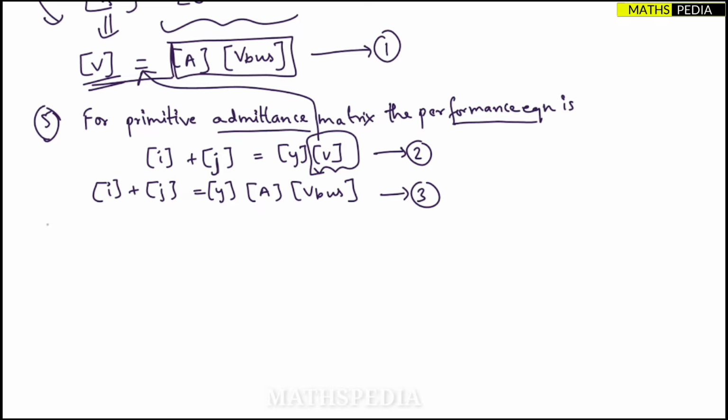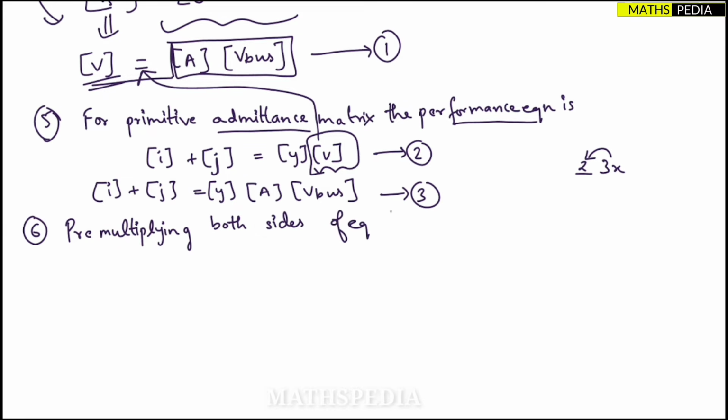Now the important step here is that we have to pre-multiply. Pre is nothing but before. Suppose 3x is the number, pre-multiplying means before this I am multiplying with 2, something like that. Only before the element you have to multiply, that is pre-multiplying both sides. So basically in the sixth step we are pre-multiplying both sides of equation 3 by what?